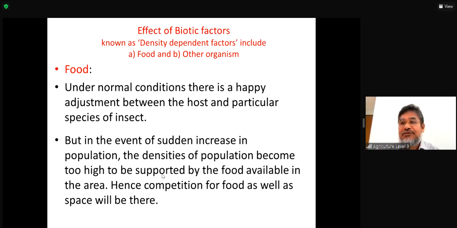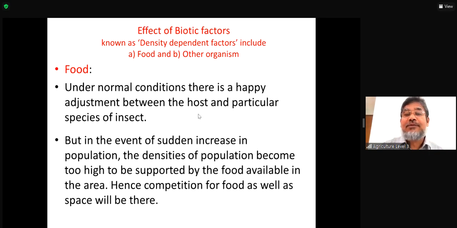There will be competition for food because a large number of insects are there due to the multiplication. So they need food for their survival. There might again be competition for food, as well as competition for space.